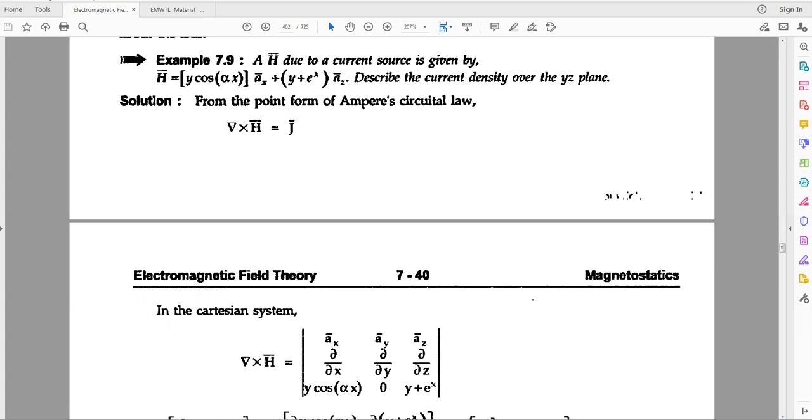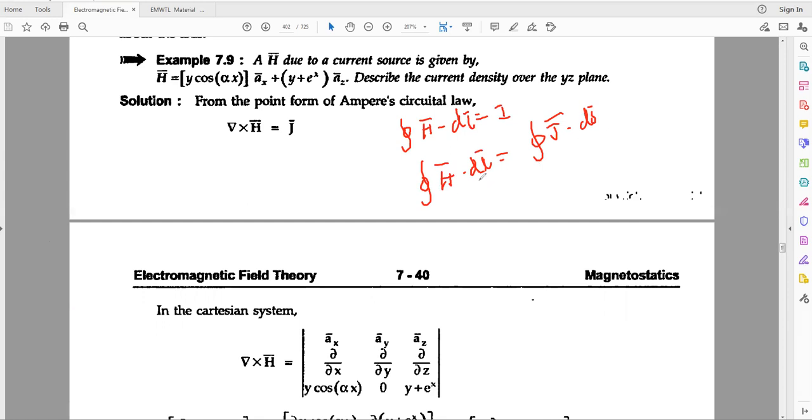According to Ampere's circuit law, the Maxwell's equation we did previously, the integral of H bar dot DL bar is equal to I. In terms of J, it is the integral of J bar dot DS bar.